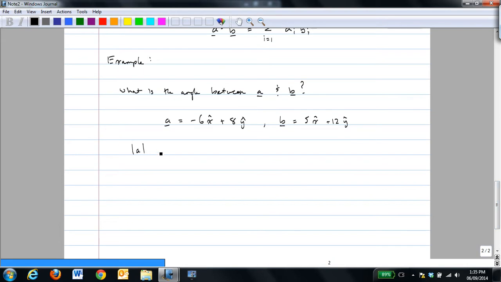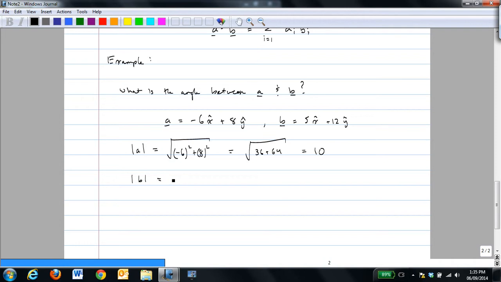Okay, so let's take the magnitude of A. When you do this, you take the square root of the components squared. So this is the square root of -6 squared plus 8 squared, and this equals the square root of 36 plus 64. And this gives you 10.